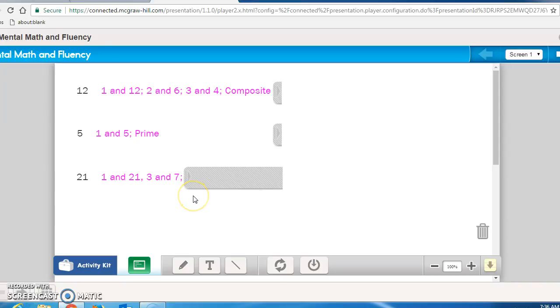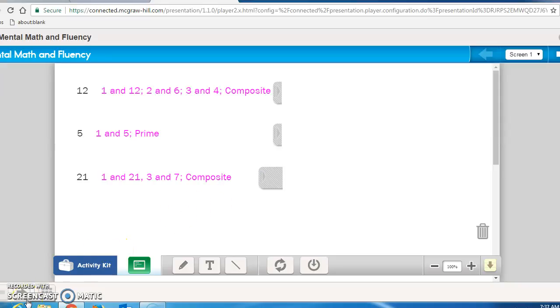Is 4 times anything 21? 5 times anything? 6 times anything? And we're back to 7. So we've turned around now. So 1, 21, 3, and 7 are factors of the number 21. So is this a prime number or a composite number? Hopefully you realize it is a composite number.